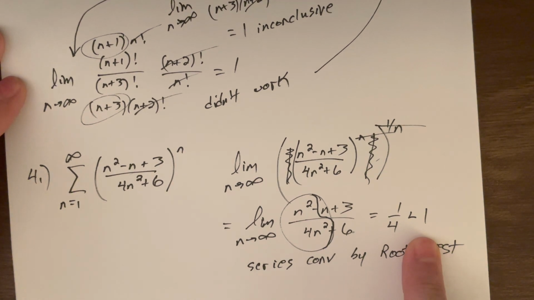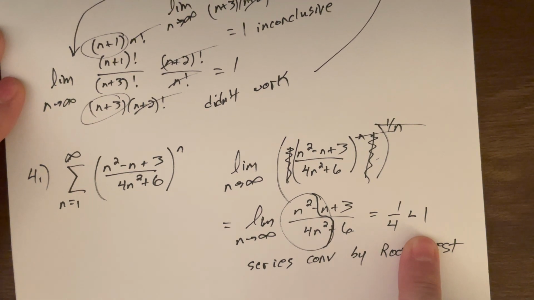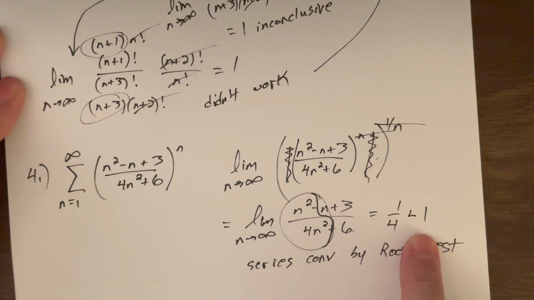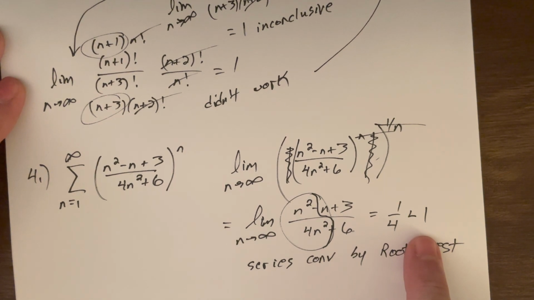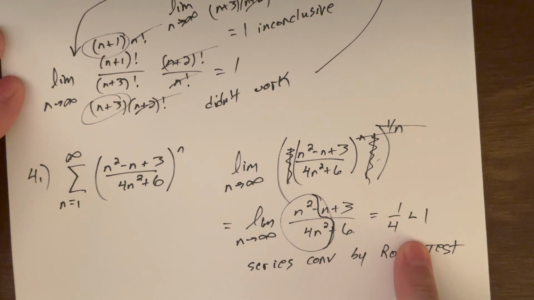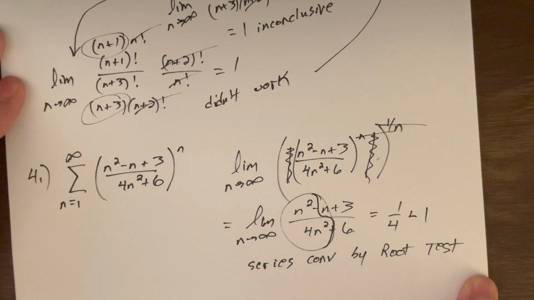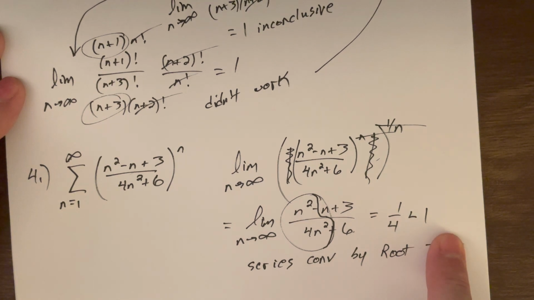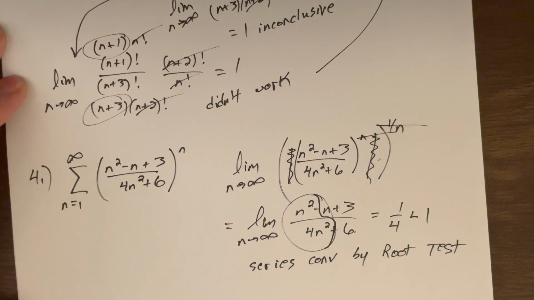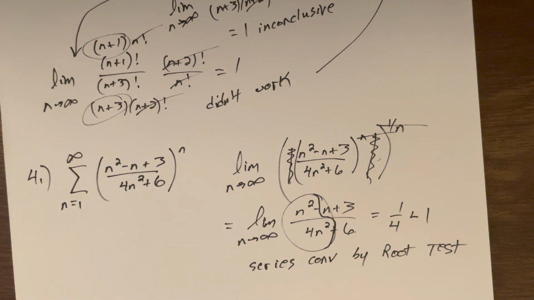And I know sometimes it seems silly, everybody, but sometimes these little things, the less than 1, greater than 1, people undervalue that. That's a part of your proof. So don't forget to include that. Less than 1, greater than 1, that is what supports why you get your final answer. And again, both ratio and root, it's about being less than 1 or greater than 1. Both of them, less than 1 leads to converges, greater than 1 leads to diverges.